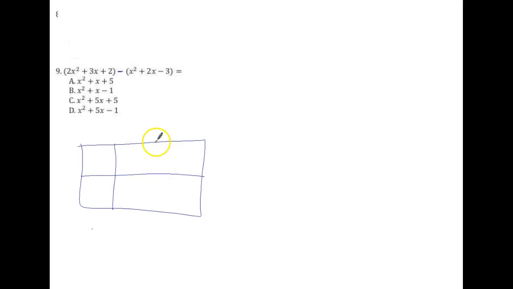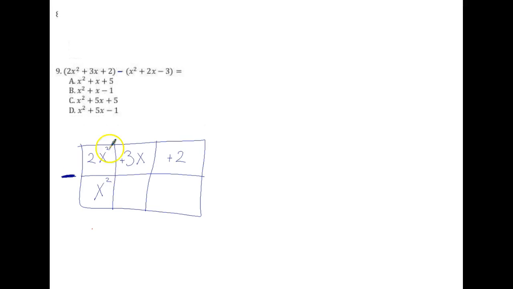I have x squared, x and a constant, x squared, x and a constant. So this is a degree 2. If it's degree 2, you need a box of 3 by 2. 2x squared, 3x, plus 2, minus x squared.